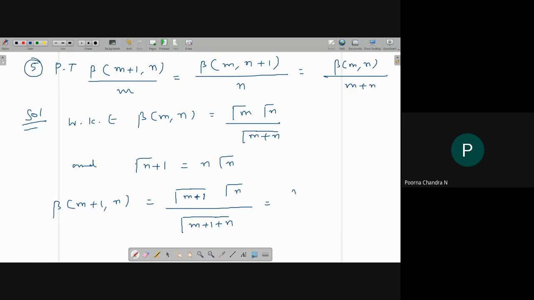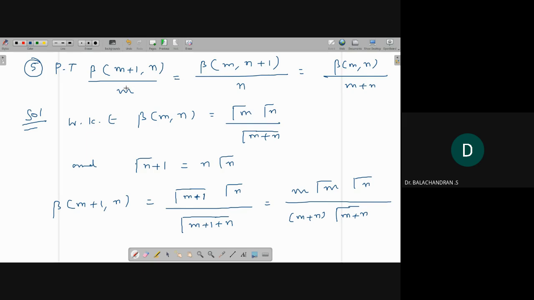M into gamma of m, into gamma of n. And the denominator? Again use the recurrence relation: m plus n into gamma of m plus n. Yes, correct.